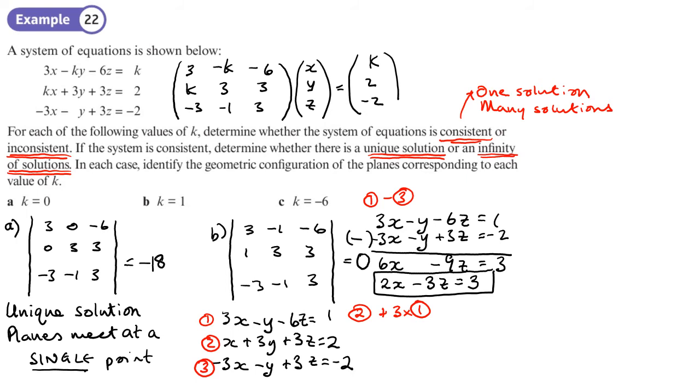So let's write these down. So equation 2, x plus 3y plus 3z equals 2. And then 3 times equation 1, so that's going to be 9x minus 3y minus 18z equals 3.